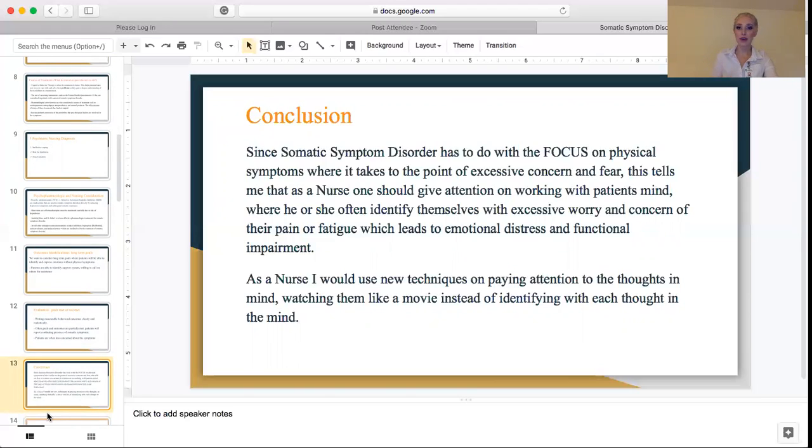When they identify themselves with excessive worry, that excessive worries are thoughts. And when they identify themselves with these excessive thoughts and worries, which lead to emotional distress and dysfunction, this tells me that as a nurse, I would work with them on certain exercises of paying attention to where the thought is coming from.